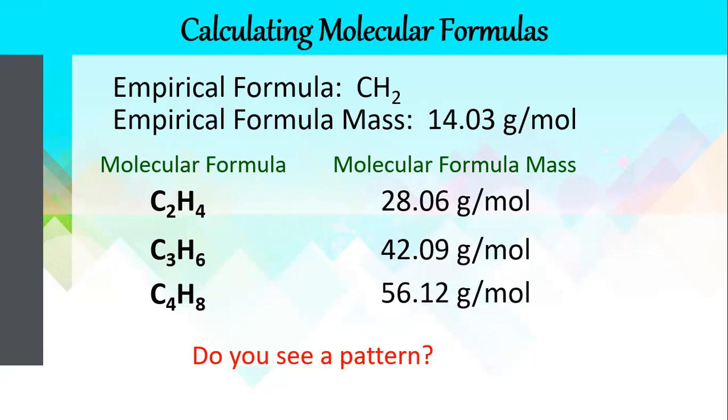And we have the molecular formula C2H4, which has a molecular formula mass of 28.06. Then we have molecular formula C3H6 with the molecular formula mass of 42.09. And then we have C4H8 with the molecular formula mass of 56.12. So what pattern can you see from this set of molecular formulas as well as the empirical formula?